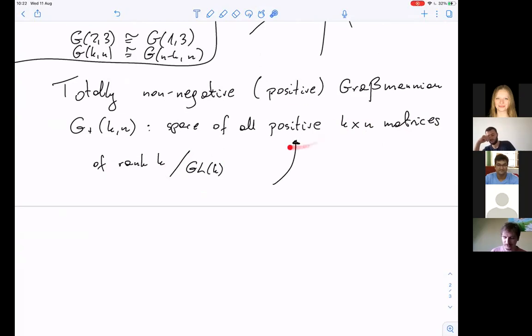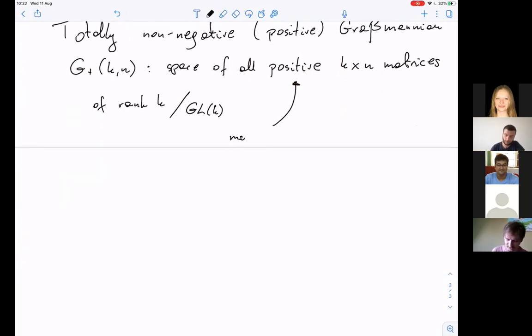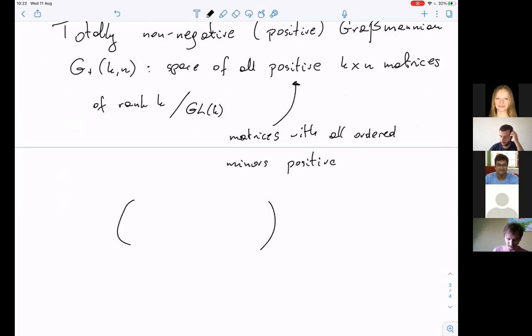And in order to restrict to the positive part, we just need to restrict to positive matrices. So positive matrices are matrices with all ordered minors positive. So what is an ordered minor? I take just some columns of this matrix. This is a k by n matrix, so there are k rows and n columns.